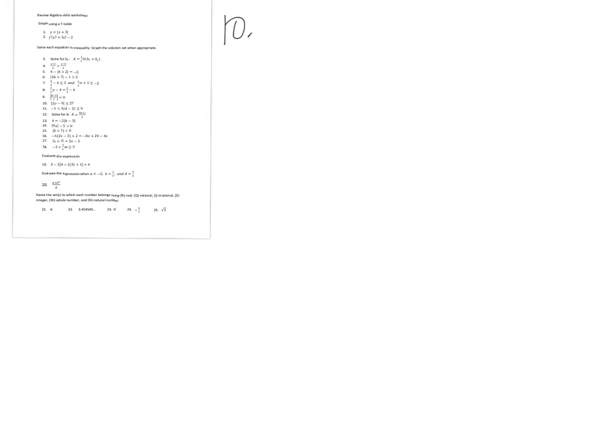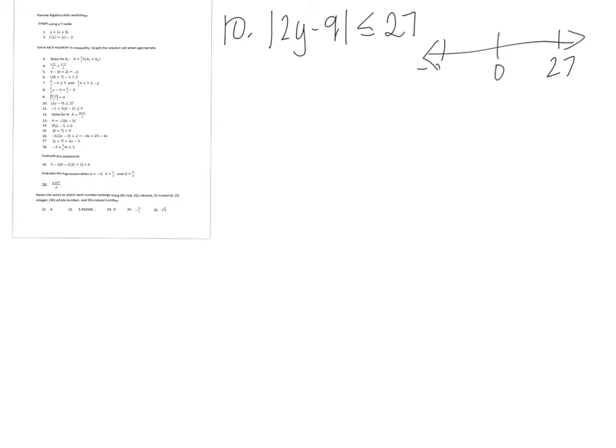Number 10. The absolute value of 2y minus 9 is less than or equal to 27. Now less than is we want all the numbers. Remember, we're looking inside this absolute value. We want everything possible in here to be less than or equal to 27 units away from 0.